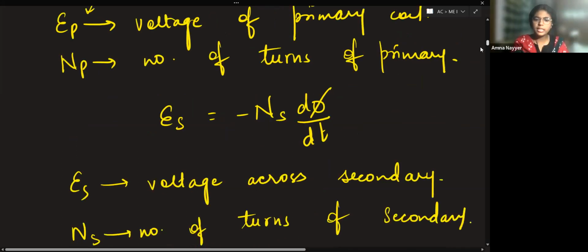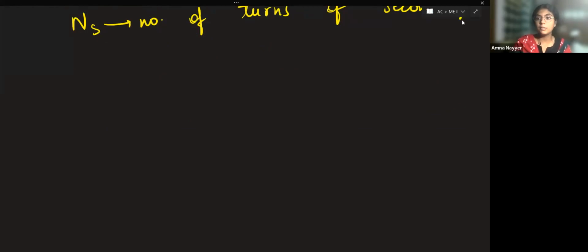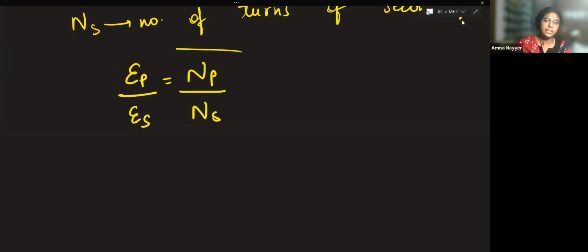When you take the ratio of both of these, see what you'll get. This is the formula part from where the very easy questions come. Calculations are also very easy. So EP by ES, meaning voltage in the primary by voltage in the secondary, is equal to number of turns in the primary by number of turns in the secondary coil.